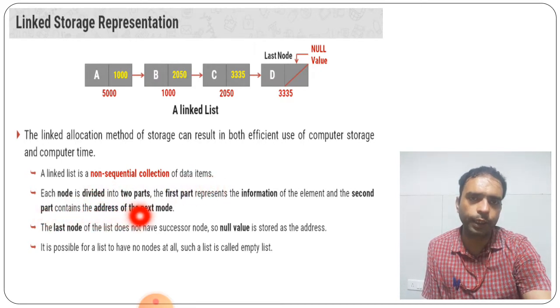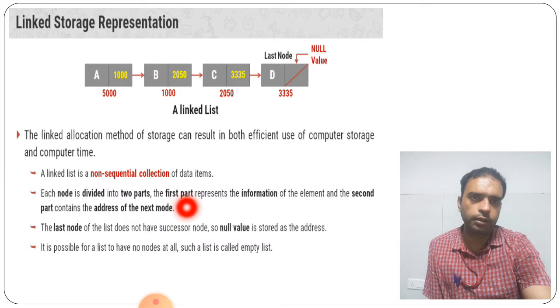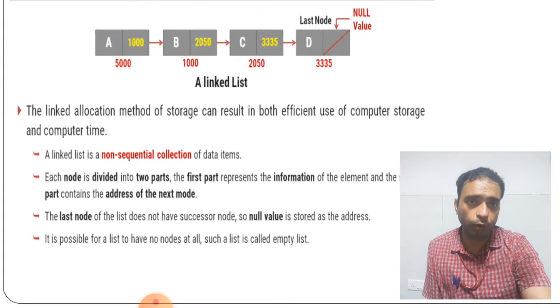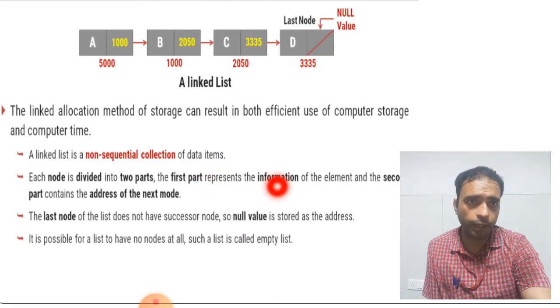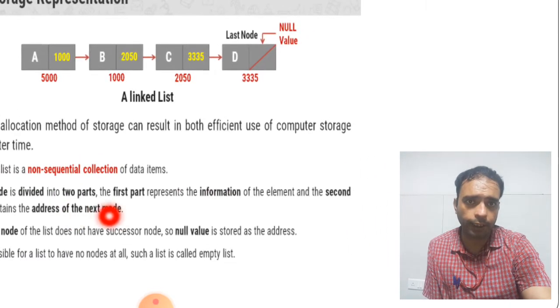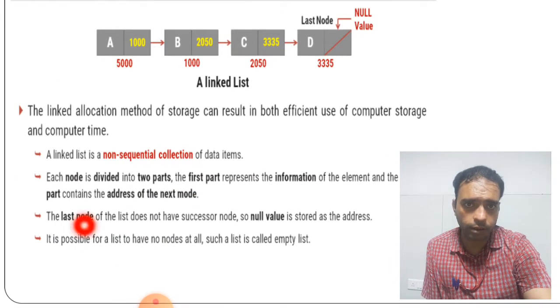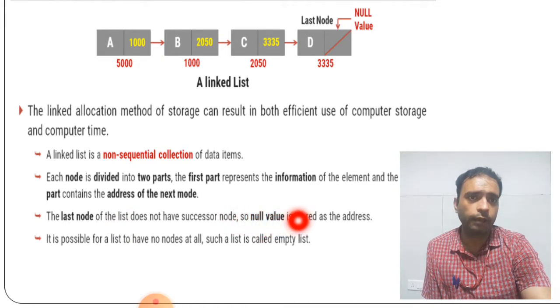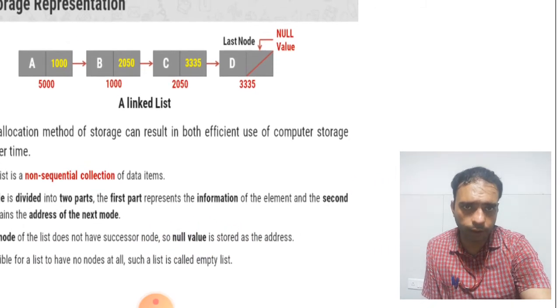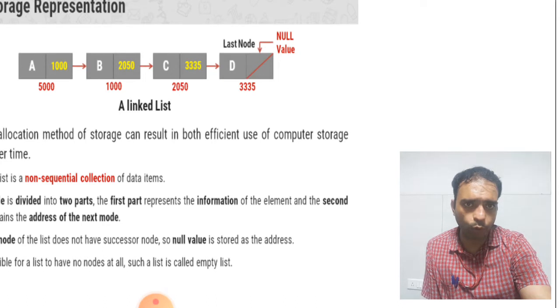Each node is divided into two parts. The first part is information and the second part is the address of the next node. The last node contains the null value in the address. It is possible for a list to have no nodes at all. Such a list is called an empty list.